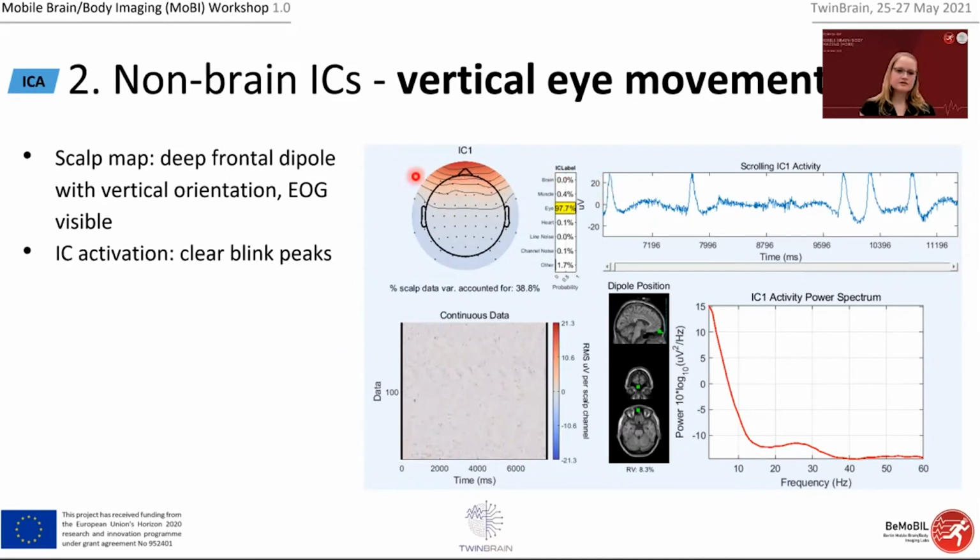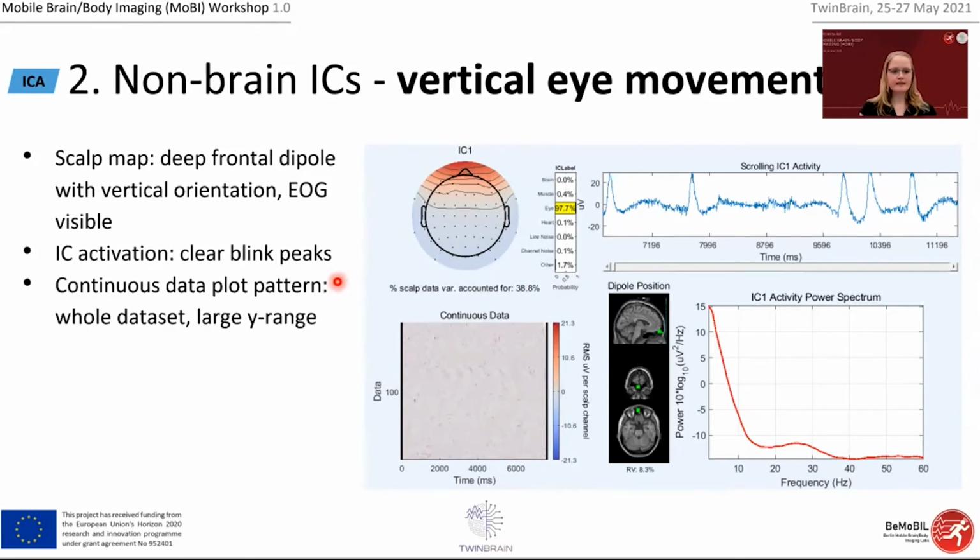Usually it's also one of the first independent components, because independent component analysis sorts all ICs according to how much of the data they explain. Usually those huge changes in voltage from the eye blinks explain a lot of the EEG data. That's why they usually turn out to be in the first places.